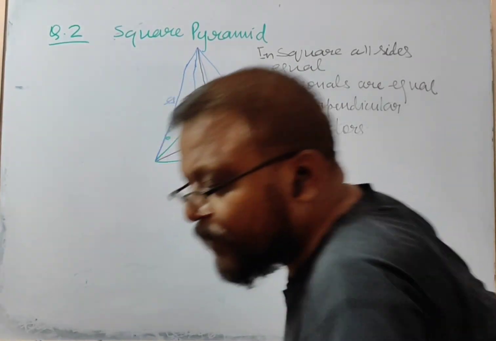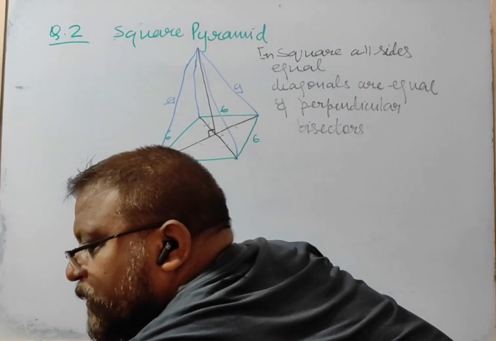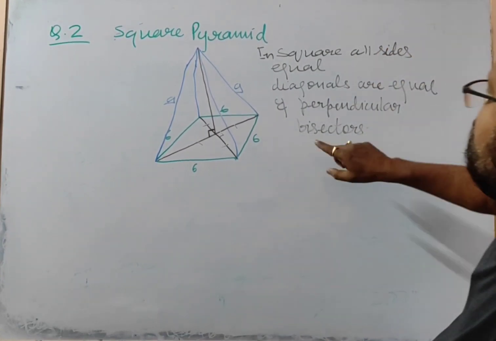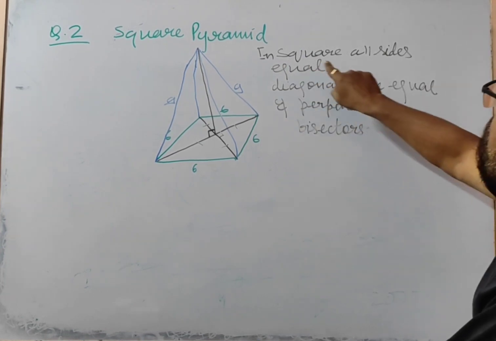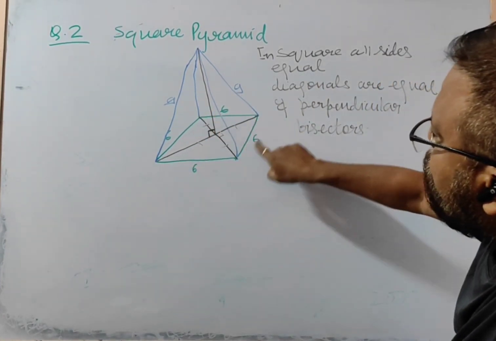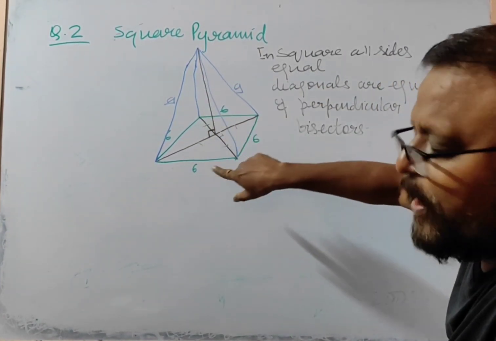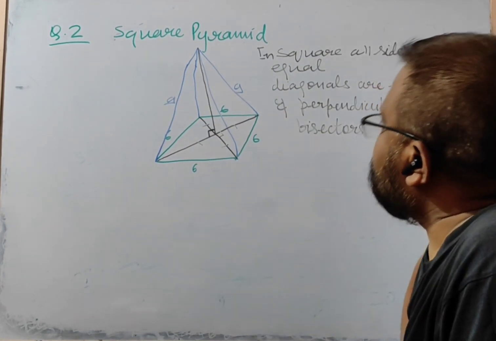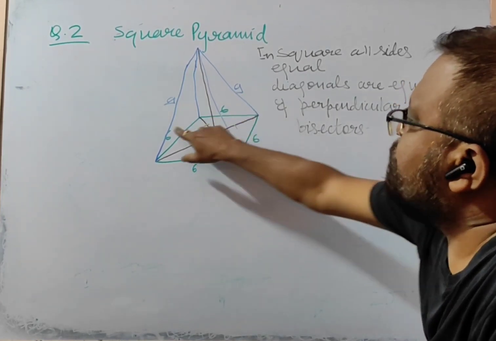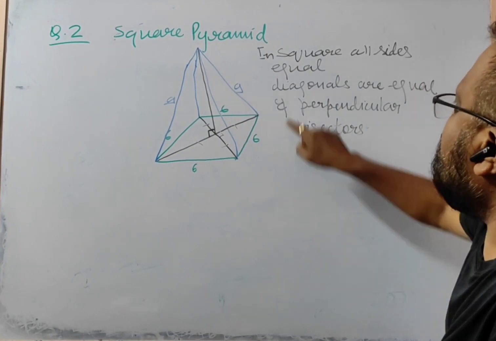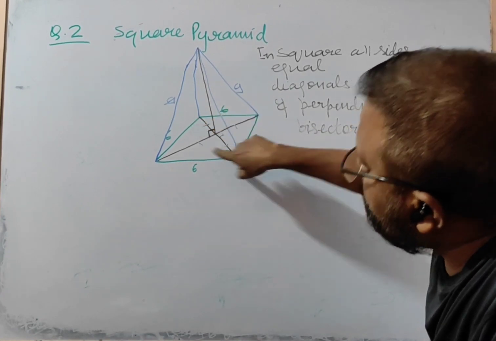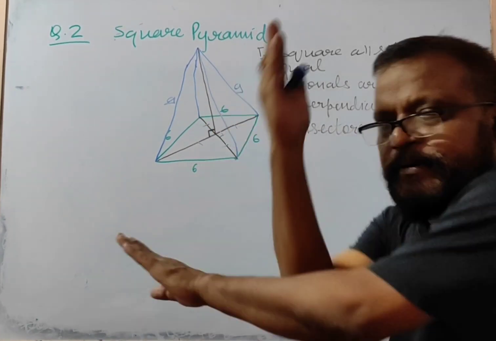And there is one more formula we have. I said in a square all sides are equal. In a square pyramid the base is a square, right? So all sides of the base are equal, they are 6 units each, and the diagonals are equal and perpendicular bisectors.